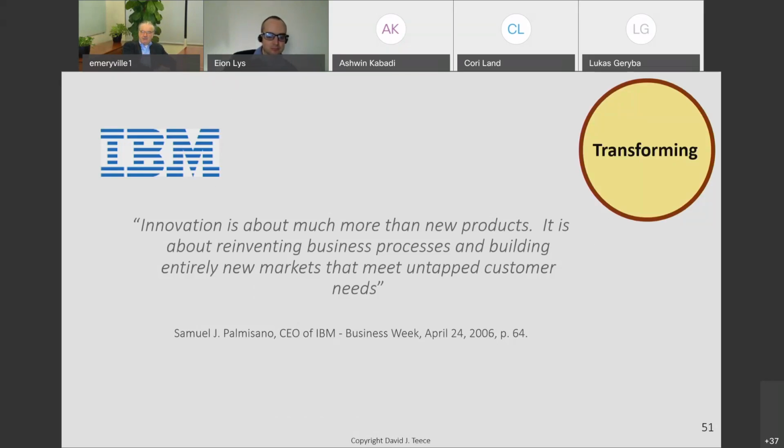It's about inventing business processes and building entirely new markets that meet untapped customer needs. So this is a good reminder that business people and management, and the knowledge of management we're talking about here with dynamic capabilities, is incredibly important. It's as important as coming up with the technology itself.